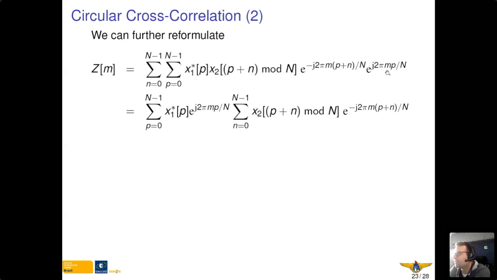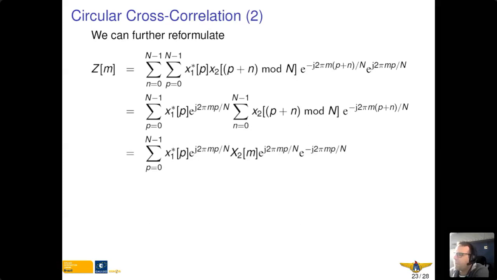So the last exponential function and the sequence x1 conjugate of p, we can write this now as a multiplication of the two sums here. One is only dependent on p, m and capital N, and the other one is dependent on small n, p, capital N.